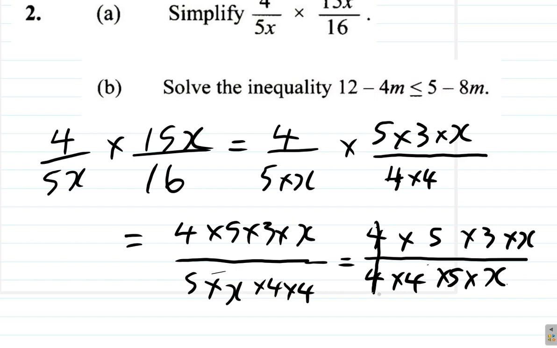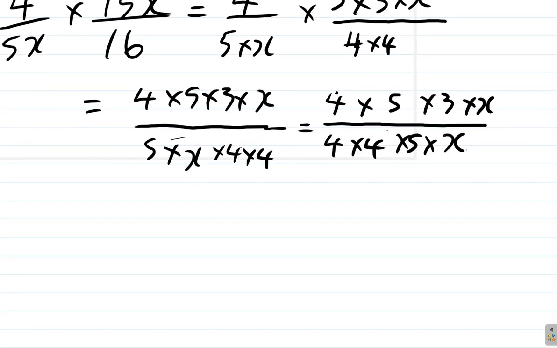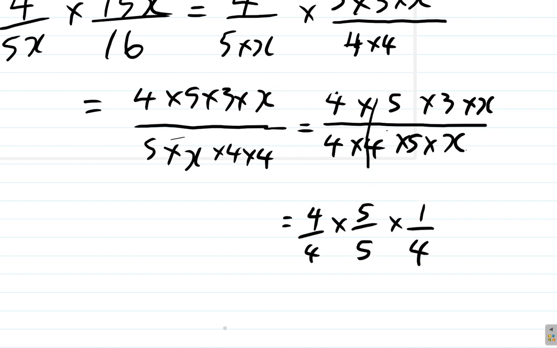The reason why 4 can cancel 4 like this is because this can be written as 4 over 4 times 5 over 5, or 5 divided by 5, times 1 divided by 4, that is the 4. Then x divided by x, the x part here, and then 3 divided by 1.